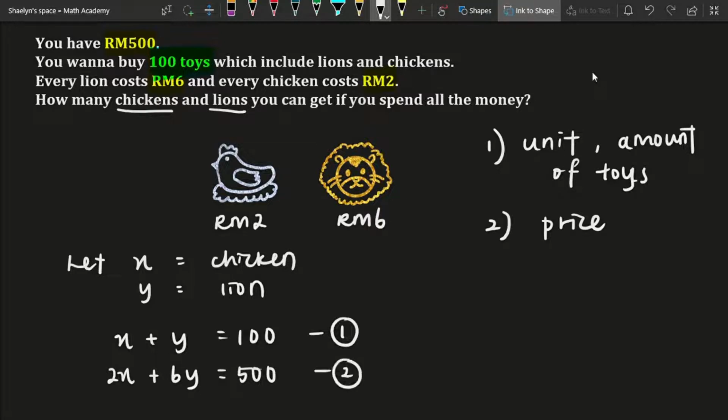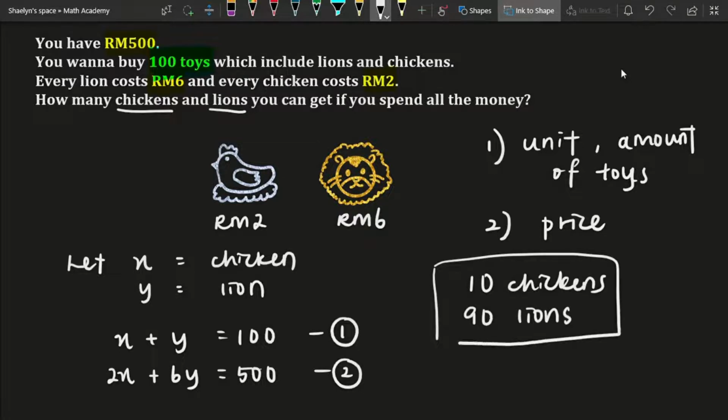Okay, let me explain to you why it is like this. Okay, let's say we are going to buy 10 chickens and 90 lions. Let's say I'm just simply giving you numbers. I don't know if this is even right or not. I'm just giving you a brief example.